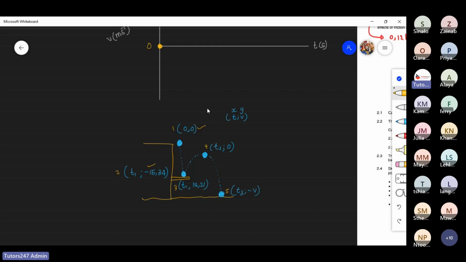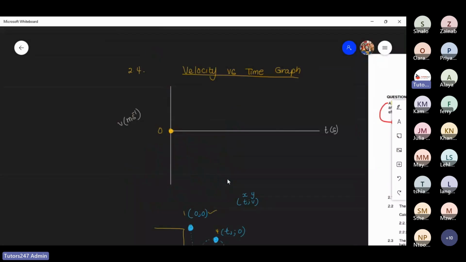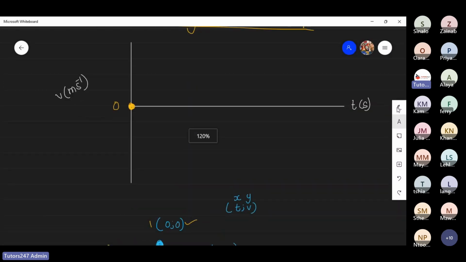So in place of time, we're not going to put an actual numerical value. We're just going to put T1. So we'll make a line and call this T1. And then we'll have negative 15.34, and we'll plot it over here. This will be our point.